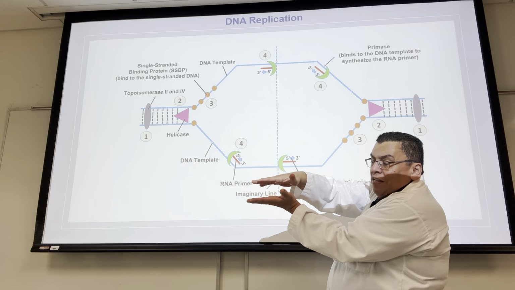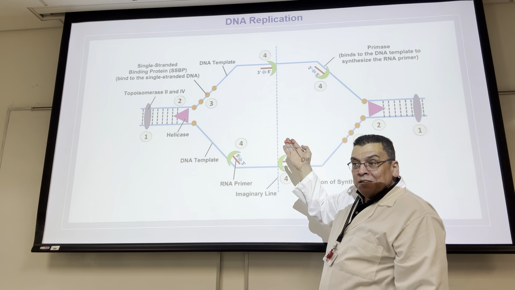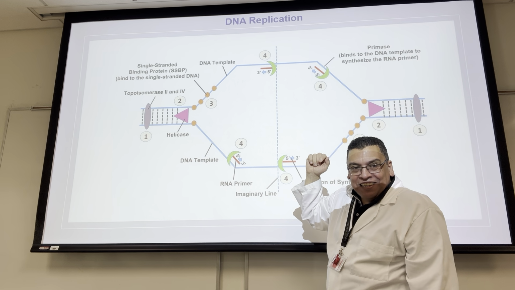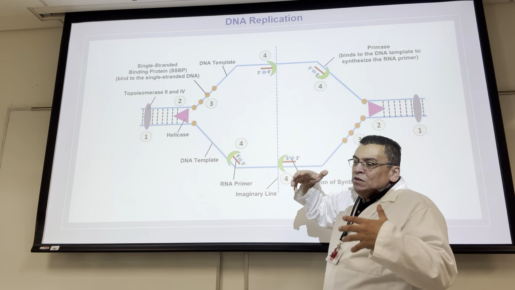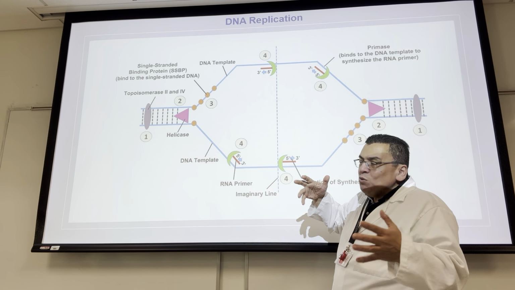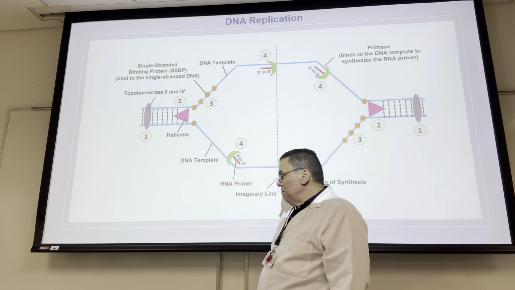The double-stranded DNA, it's going to break the hydrogen bonds. You really think we're going to use heat in your cells? I mean, I can, but you won't survive that. It's enzymes. So inside your cells, we're not going to use heat to break hydrogen bonds. We're going to use an enzyme, in this case, helicase.